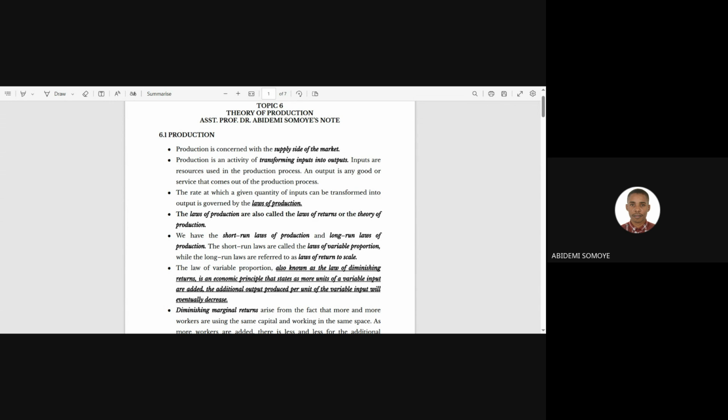So all the resources you need to be able to produce a normal book, okay? All the resources you need to produce any given good or service is regarded as inputs, while the output is the final product.